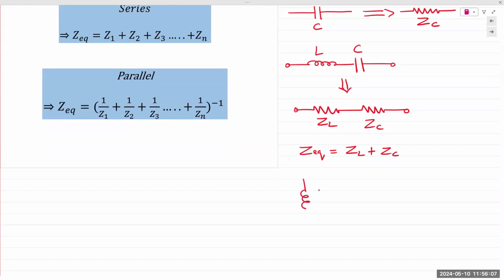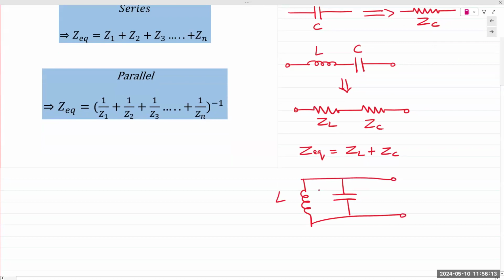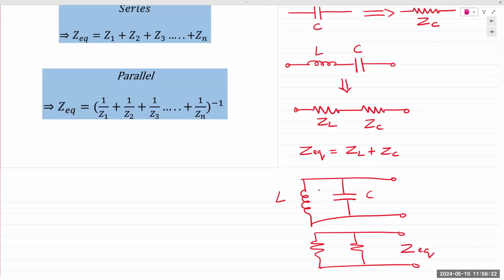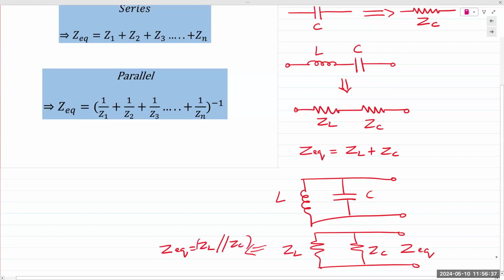If they're in parallel, ZEQ is ZL in parallel with ZC.